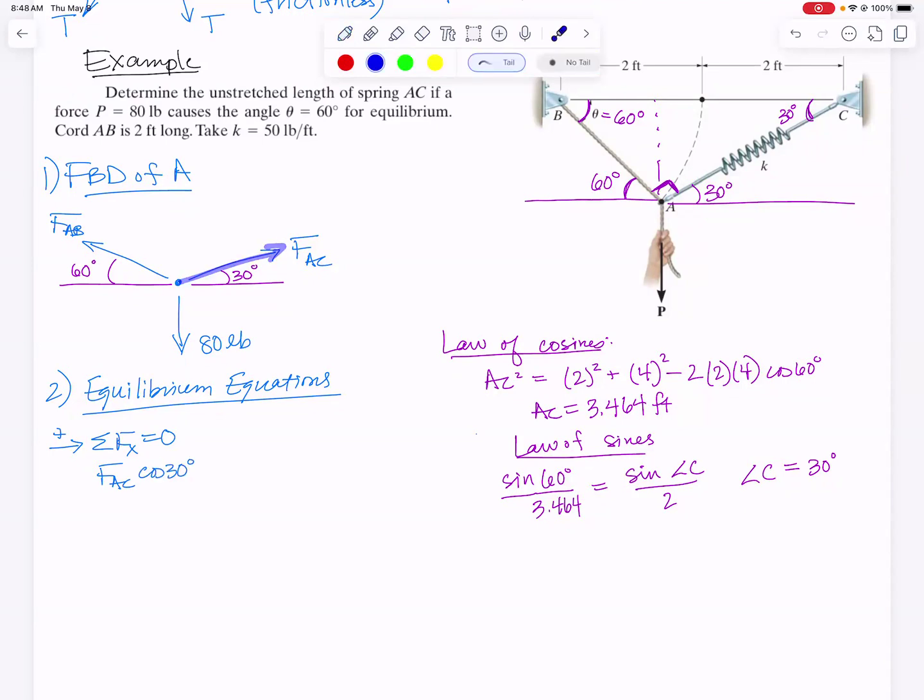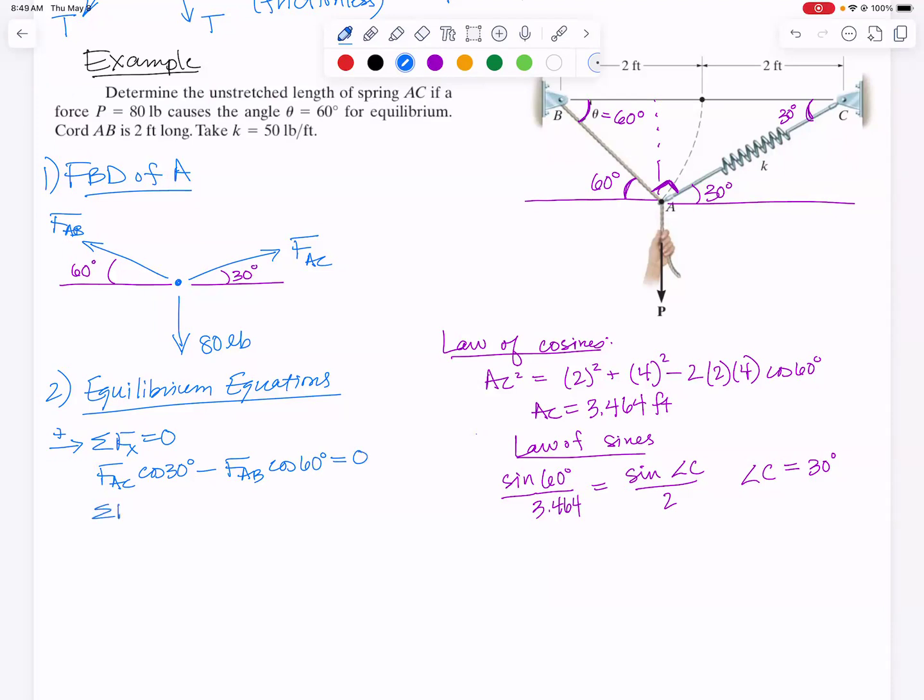This FAC, to get the x component, I'm using a triangle, and the x component is adjacent to 30, and adjacent always goes with cosine. That acts to the right, so I put it in with a positive sign. Now, the x component of FAB acts to the left, so it's got to have a negative sign, FAB, and this one will be cosine of 60 degrees equals 0. There's one of my equations.